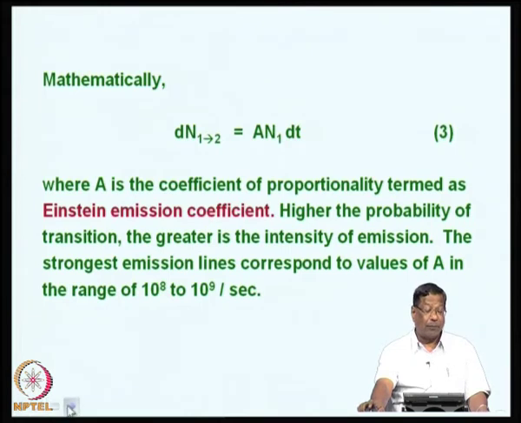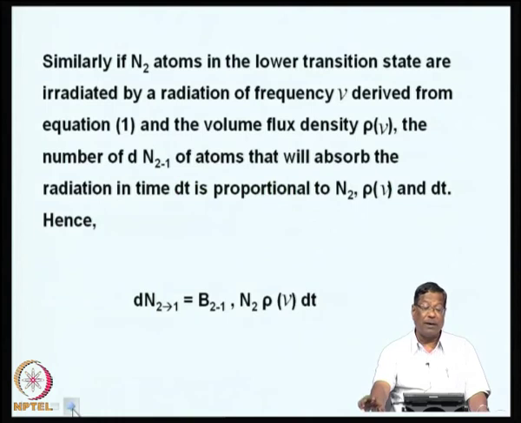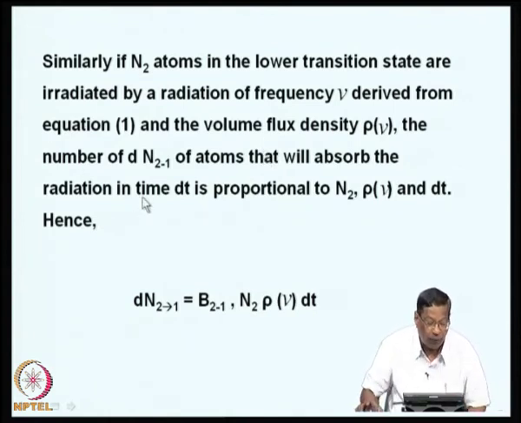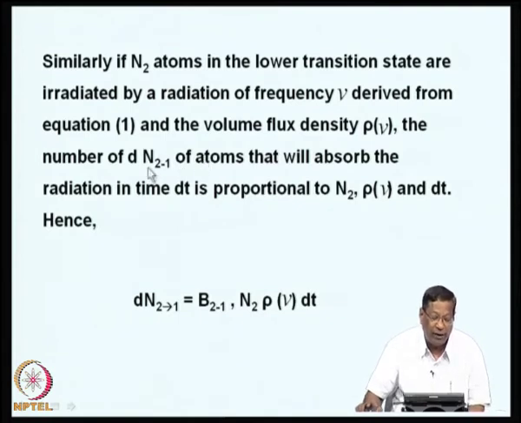And the another aspect, that is absorption. Similarly, if I have N2 atoms in the lower transition state, they are irradiated by a radiation of frequency mu derived from equation 1, and the volume flux density rho v is the number of dN2 to N1 state that will absorb the radiation in the time fraction dt.